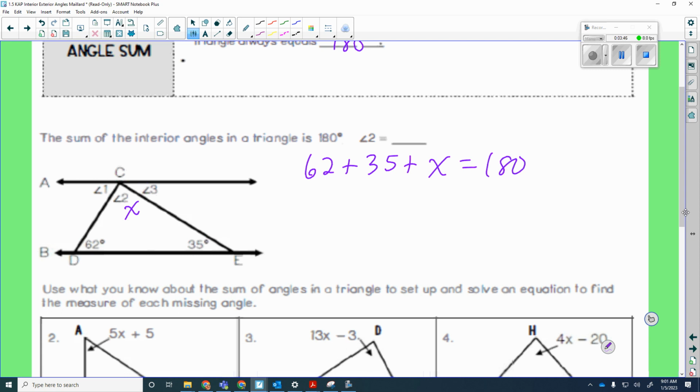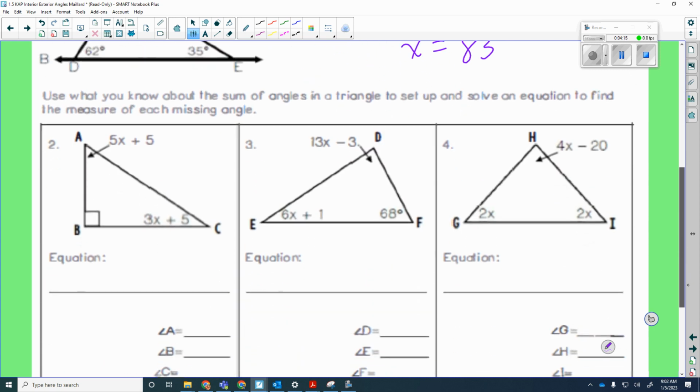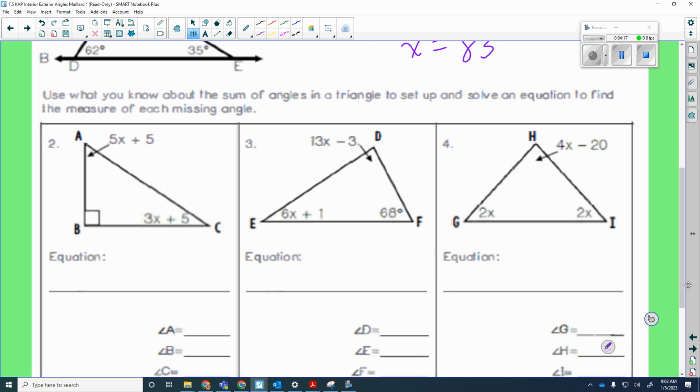Yeah, so 62 plus 35 would be 97 plus x equals 180, and then x equals 83 degrees. Okay? Is everybody good with that? That was last year. Yes? No? Okay. Now, getting a little bit harder this year, what do you notice about these pictures?